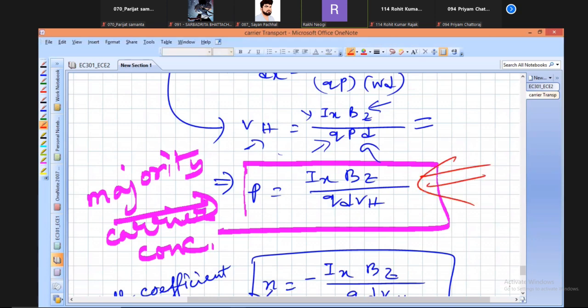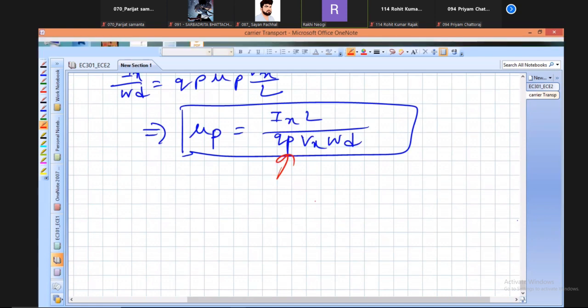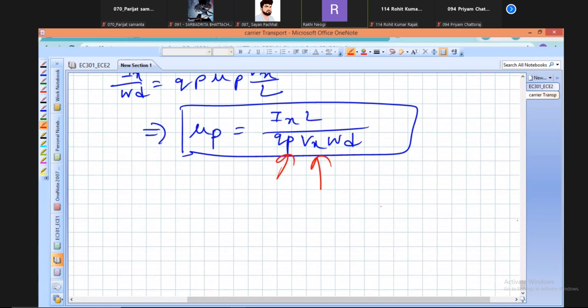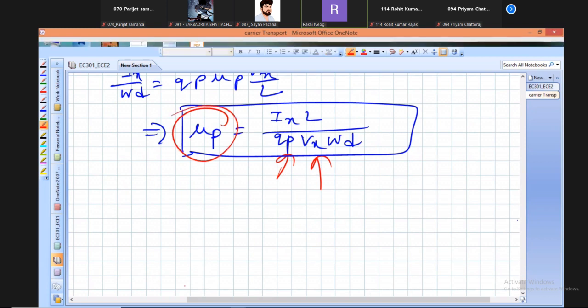Already you did this. You can put the value of hole concentration here. Vx is known, applied in the experiment. So by using this equation, we are able to calculate the majority carrier mobility for the p-type semiconductor, mu p.